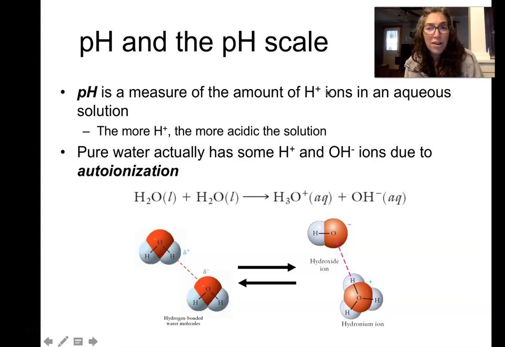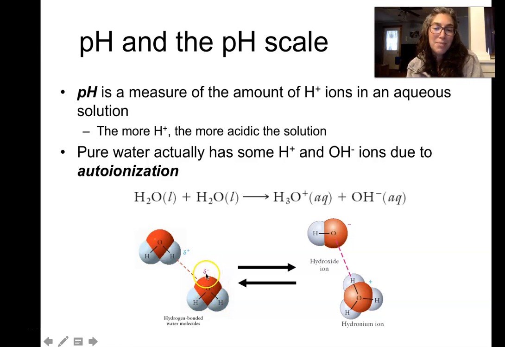So pure water actually contains a mixture of hydrogen and hydroxide ions because of water's ability to auto-ionize, in other words, to ionize itself. So you have 2 water molecules, which are polar molecules. So the hydrogen is partially positively charged and the oxygen is partially negatively charged.